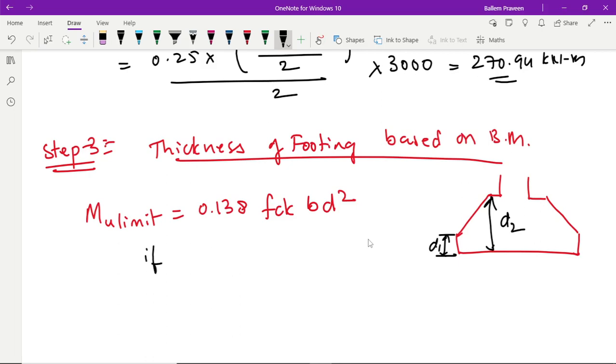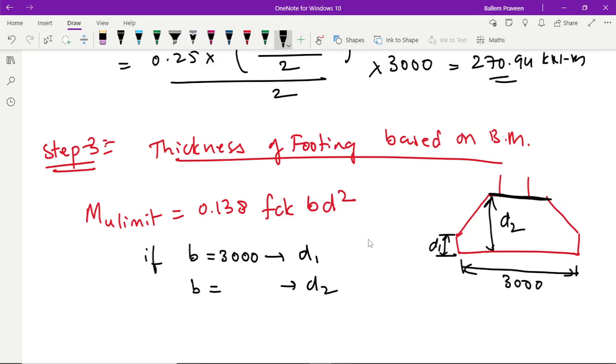Okay, how will you get these two values from the same equation? If you substitute the bottom width, 3000, as B in the formula, you will get D1. Similarly, if you substitute the top width as B, you will get D2. So how does the top width come? The column is 500 and I will consider an offset of 50.